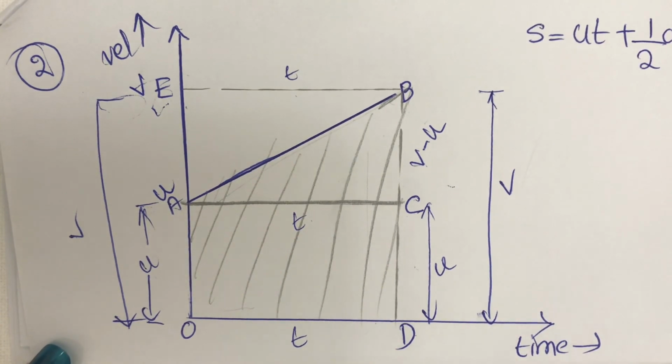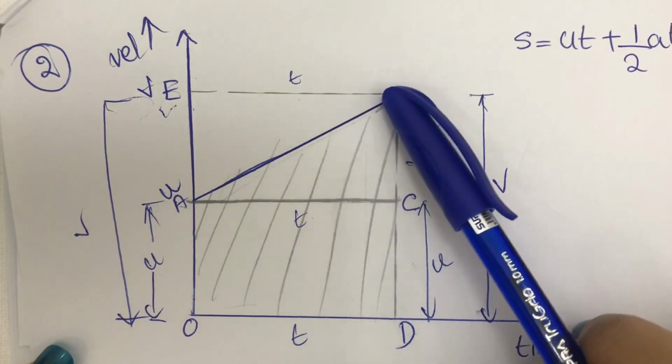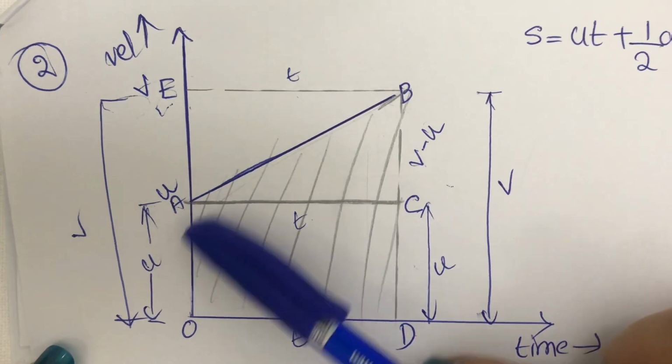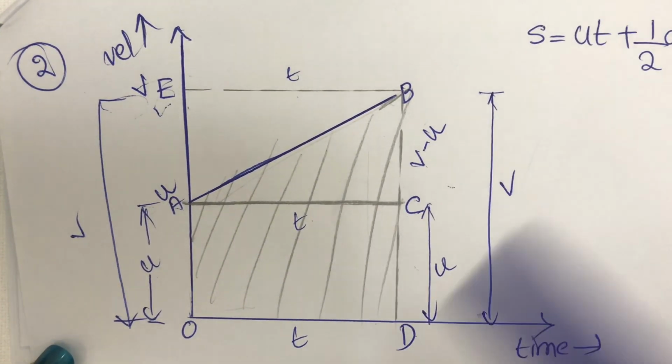So what is displacement? Displacement, as we studied earlier, will be the area under the slope. So AB is my slope. So if we find the area under this slope, we get the displacement.